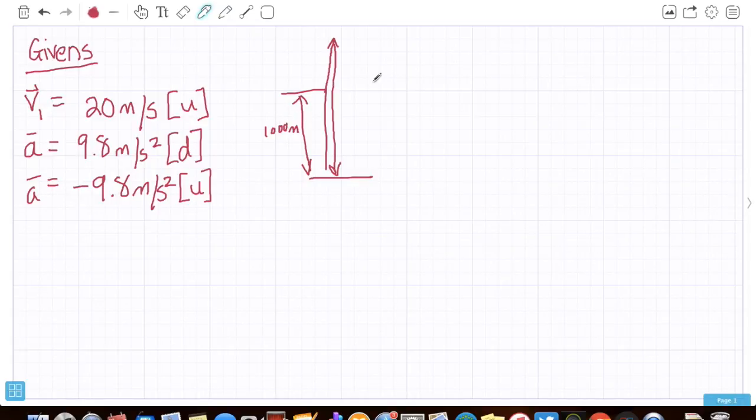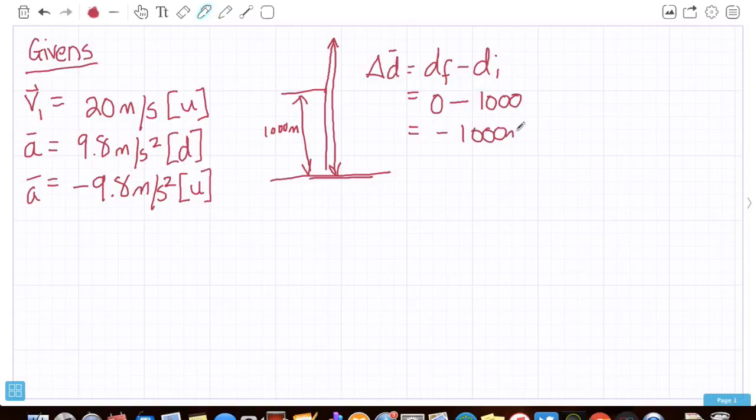The difference in displacement, so delta D, the definition of that is dF minus di. Well, my dF, my final displacement with respect to the ground, is 0, and then my initial displacement with respect to the ground is 1,000 meters. So this ends up being negative 1,000 meters up.